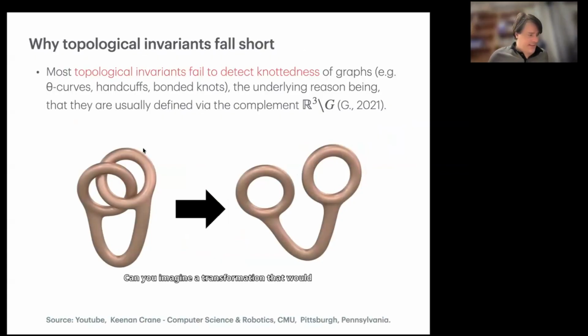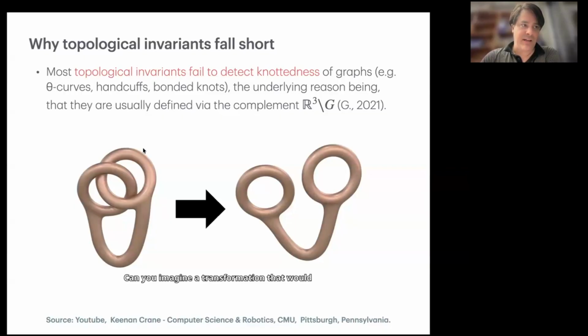I'm not sure about the exact reason, but if you generalize the bracket polynomial to a bonded knot and you take the topological version, which means that you can freely rotate stuff around the vertex, so the vertex is not fixed, you can move the edges emanating from the point, you get a topological version of a bonded knot.